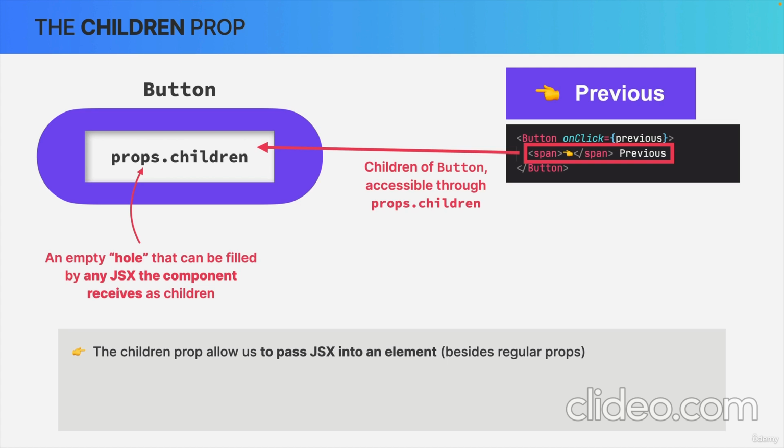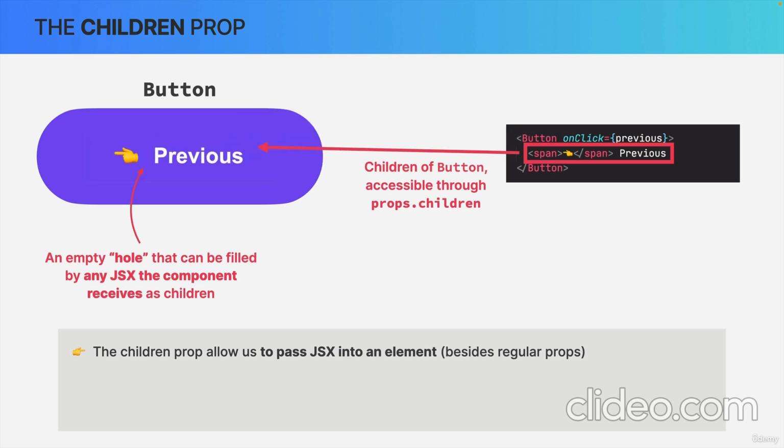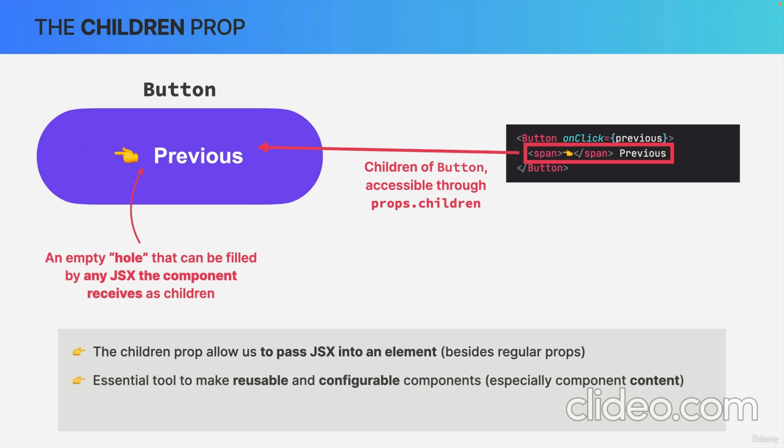By passing in content between the opening and the closing tag of an element, we basically fill the hole that we left in the button component by using props.children in its JSX. If we think about this, the children prop is really an ideal way of making reusable and configurable components, especially when it comes to the content of the component.